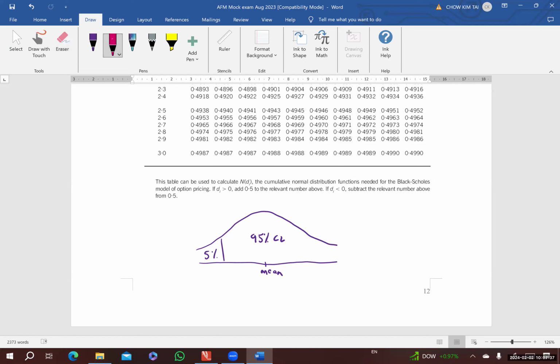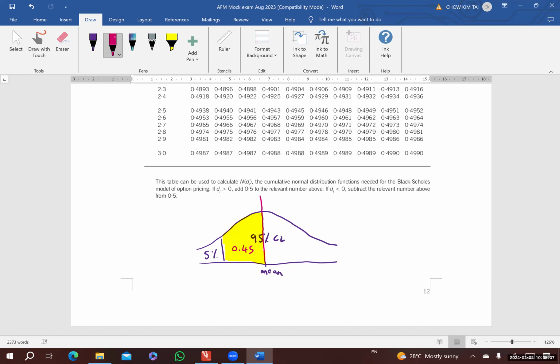They actually give you half the table. If here is 5%, here is 45%, that's 0.45. So the yellow area probability is 0.45, and that is the probability in the table.